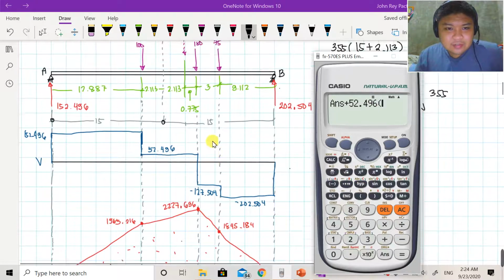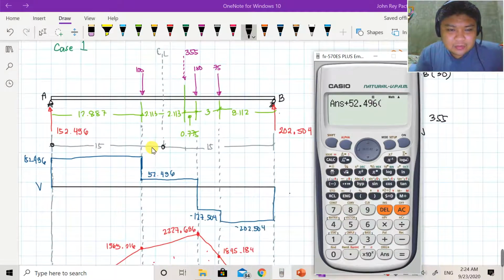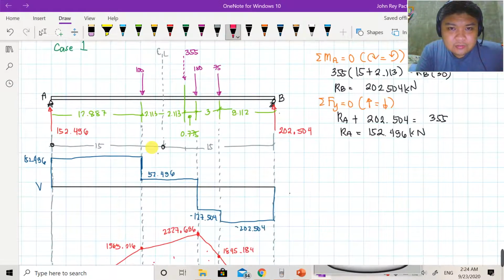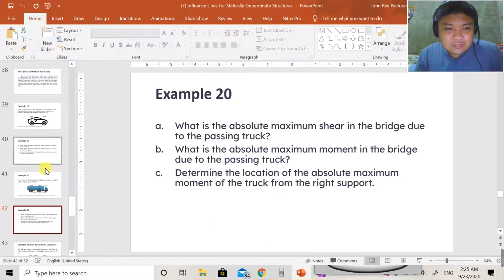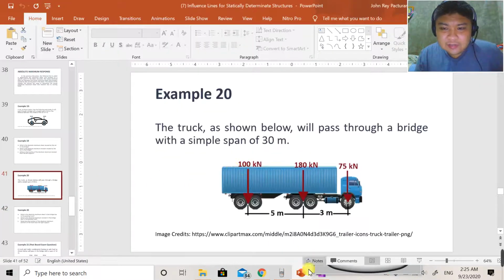Here, class, it is obvious that I am referring to the length from this point to this point. If you look, it starts at 100 kilonewton up to 180 kilonewton, right? From 100 to 180, and based on our original given, their distance, class, is 5 meters.